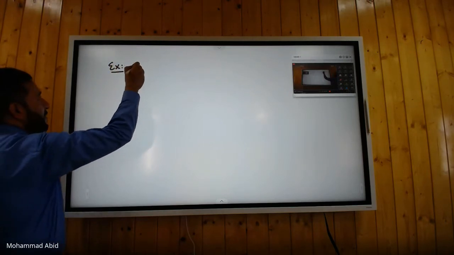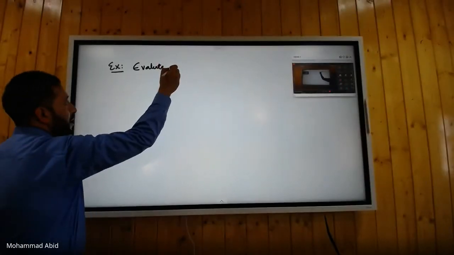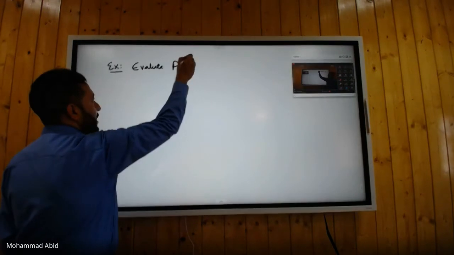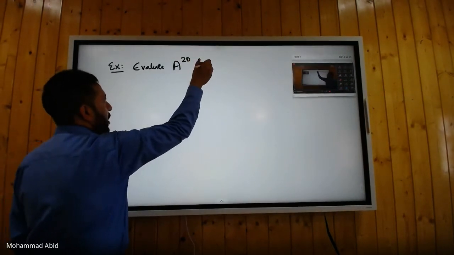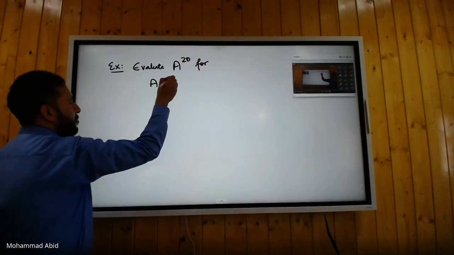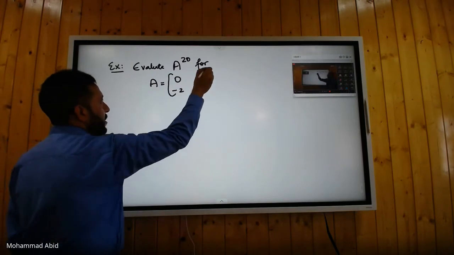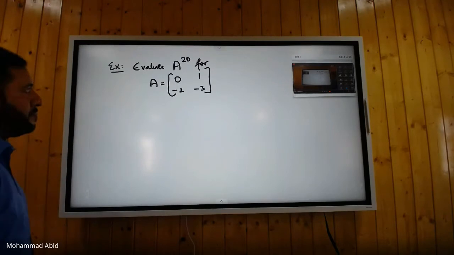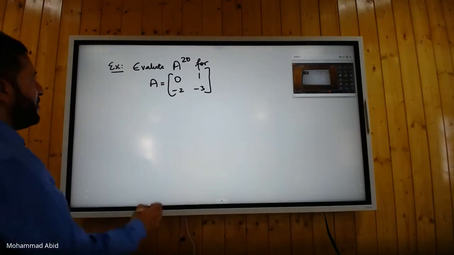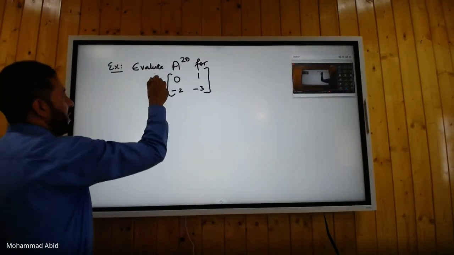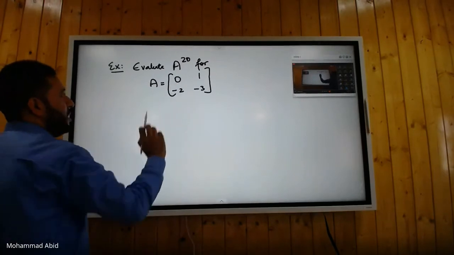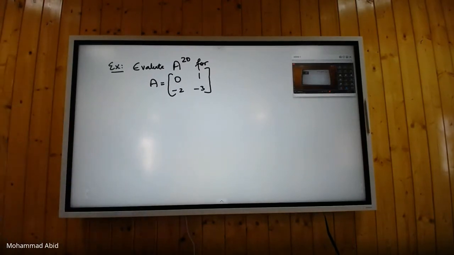Let's say you have to evaluate A to the power 20 for A equal to [0, 1; -2, -3]. You have to evaluate the matrix function A to the power 20 for a square matrix of order 2. We have to use the Cayley-Hamilton theorem for this.